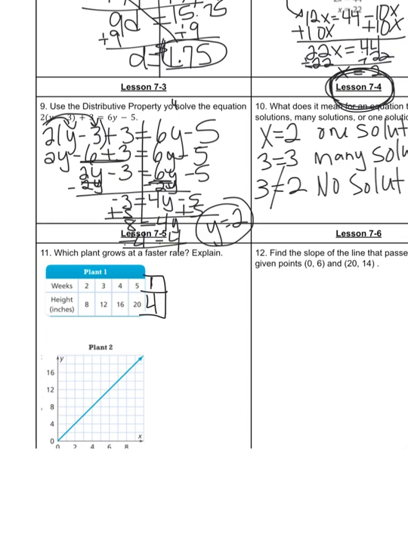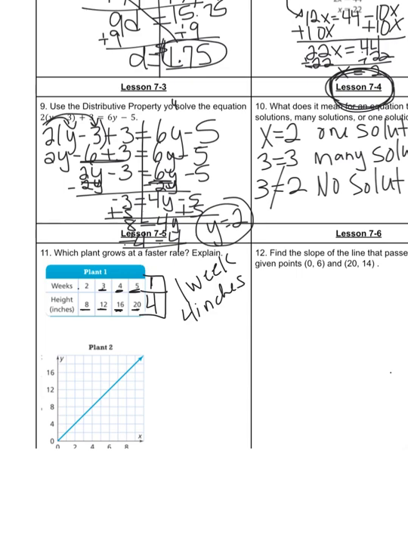I also can take 8 divided by 2, and you would get 4. 12 divided by 3, you get 4. 16 divided by 4, you get 4. And 20 divided by 5, you get 4. So for plant number 1, it's 1 week, 4 inches.